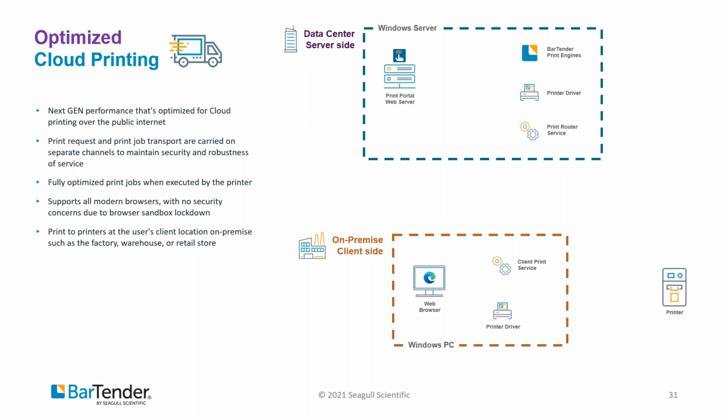And in BarTender 2021, I like to say we have our next generation of internet or cloud printing. As we see here in the diagram, we have a data center site where the server is located, and an on-premise factory or warehouse site where the user is making use of their web browser and they have a locally installed printer.